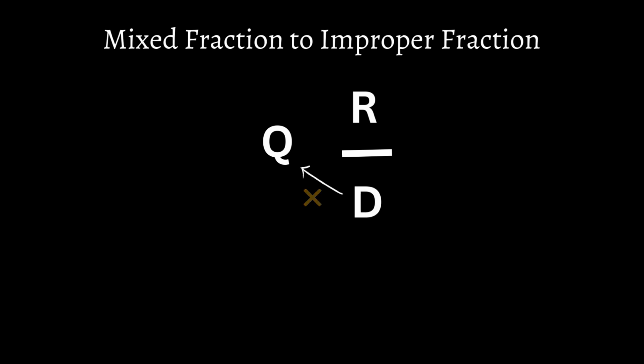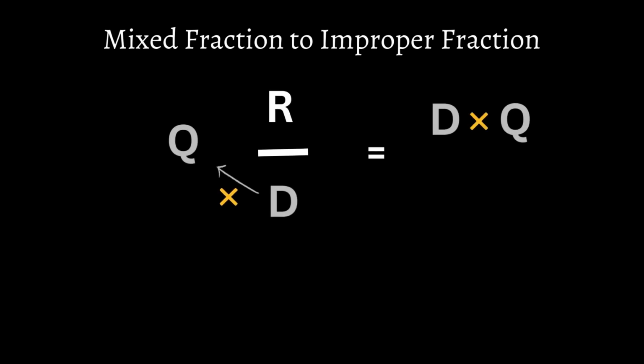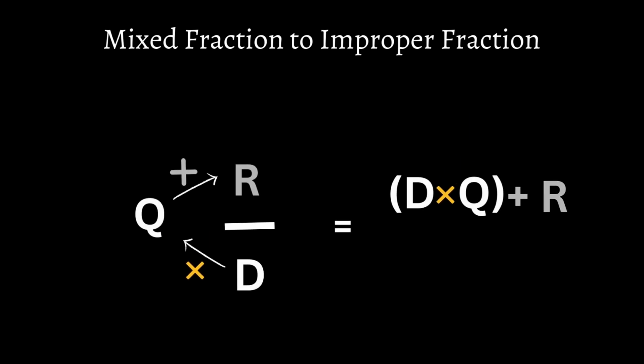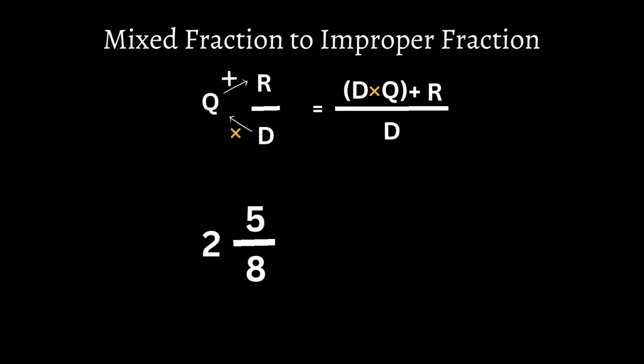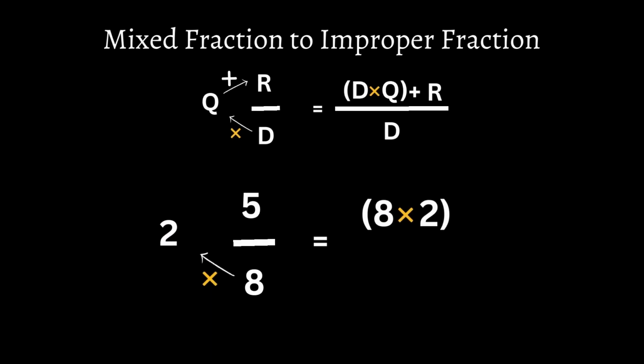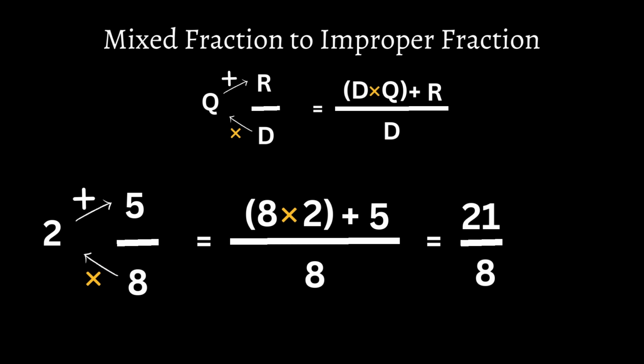Now, if we need to convert a mixed fraction back to an improper fraction, all you need to do is multiply the denominator with the whole number part and then add the resulting product to the numerator. That would be the new numerator, and the denominator would be as it is. For example, 2 5/8 can be written as (8 multiplied by 2 plus 5) divided by 8, which is equal to 21/8.